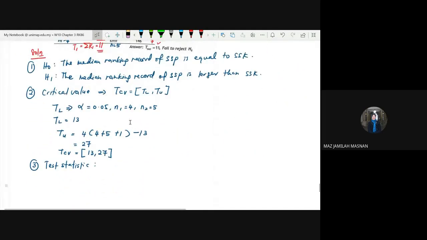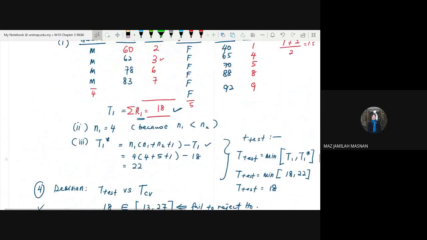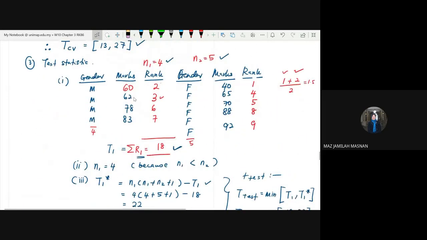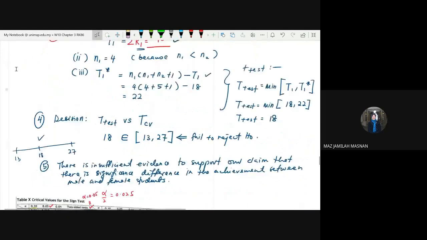So in your test statistic, I think I should follow my previous example. So for the test statistic, please show this in your solution. Because I just used my equation just now, we begin with this step.